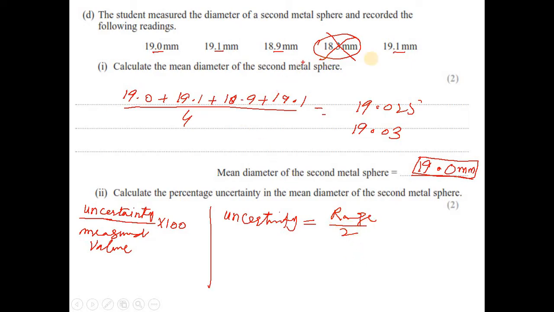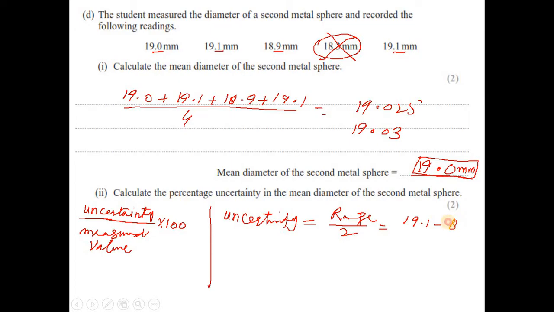So you find the range of the set of values and divide by 2, which will give you the uncertainty. That means the maximum reading is 19.1 minus the minimum reading, 18.9.